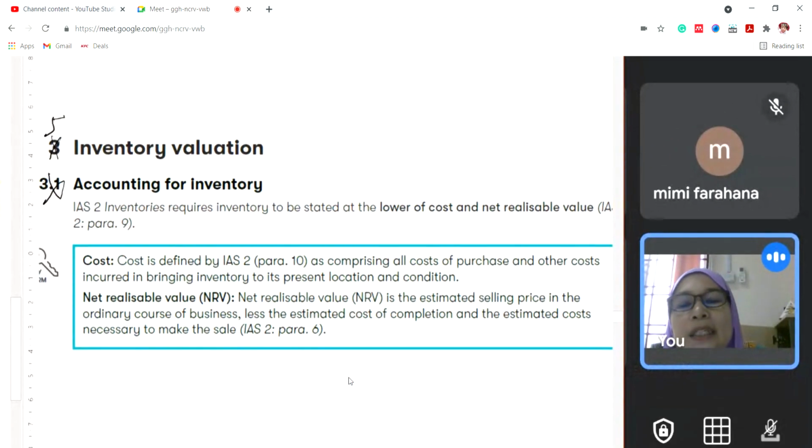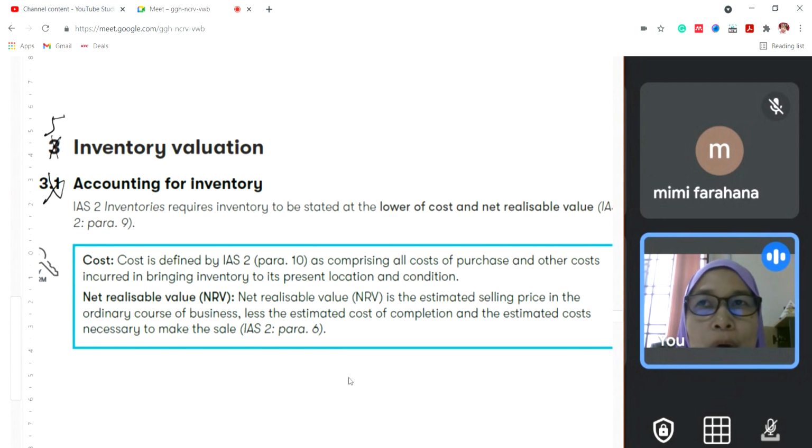Okay, so yang kat sini kita akan apply application of IAS 2 where you have to compare the cost and the NRV, and also you have to look at what are the total costs which relate to the inventory, and you compare with the sales price.